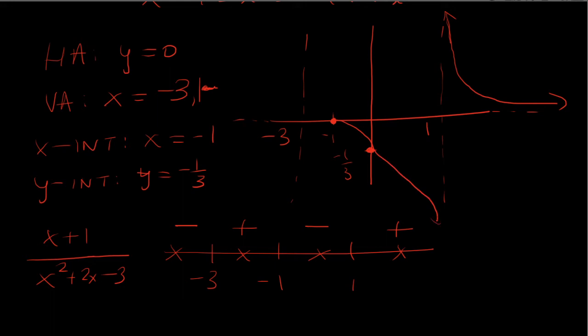And between negative 3 and negative 1, it's positive. So it'll look something like that. And then to the left of negative 3, it's negative. So it's obviously going to approach negative infinity, and then it's going to approach 0. So that is our graph.